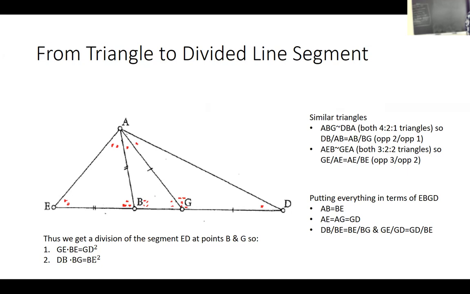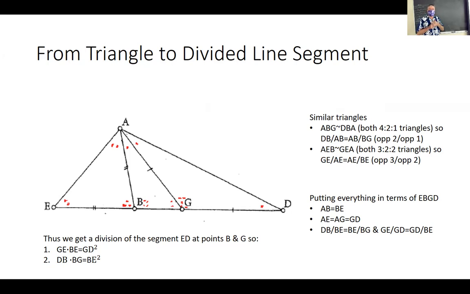So DBA is a similar triangle. And AEB is a 3, 2, 2 triangle. So is AGE. So we've got a bunch of similar triangles.